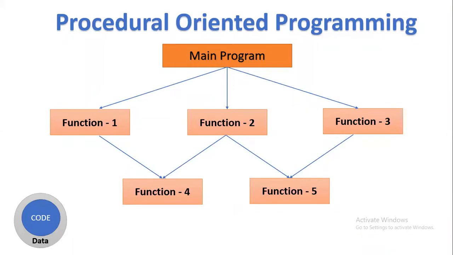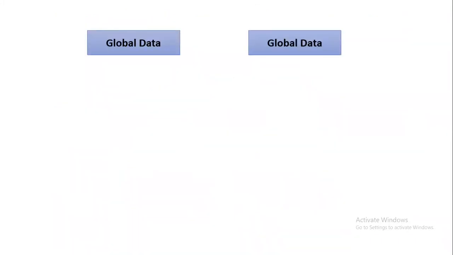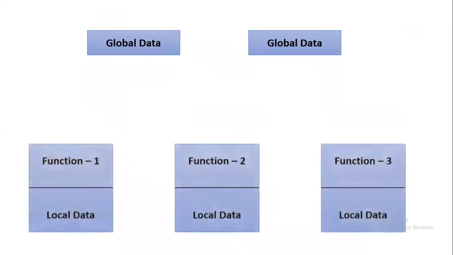Another thing is, in procedural oriented programming, we use global data. We know about global data and local data. Usually functions have local data, and along with functions' local data, we also have global data. Whenever global data is available, it can be accessed by any function inside the program.